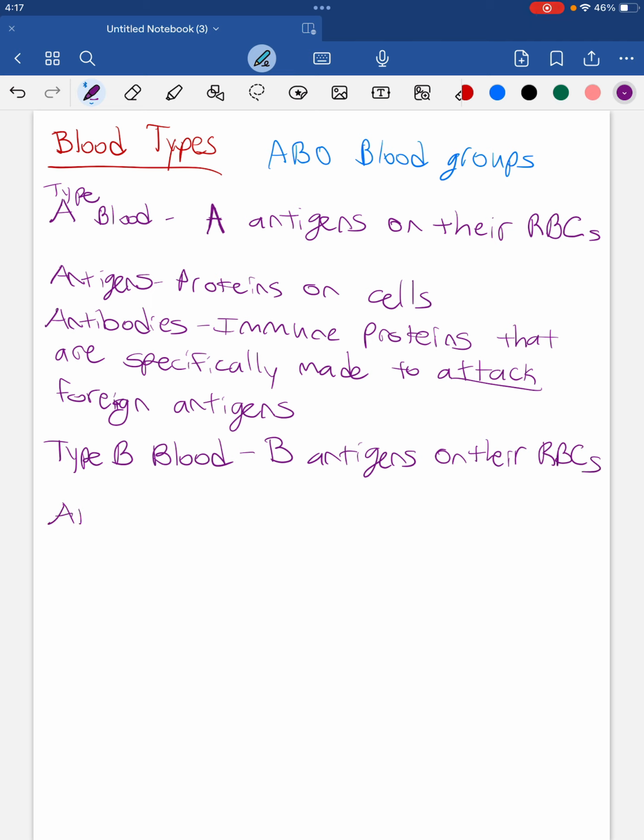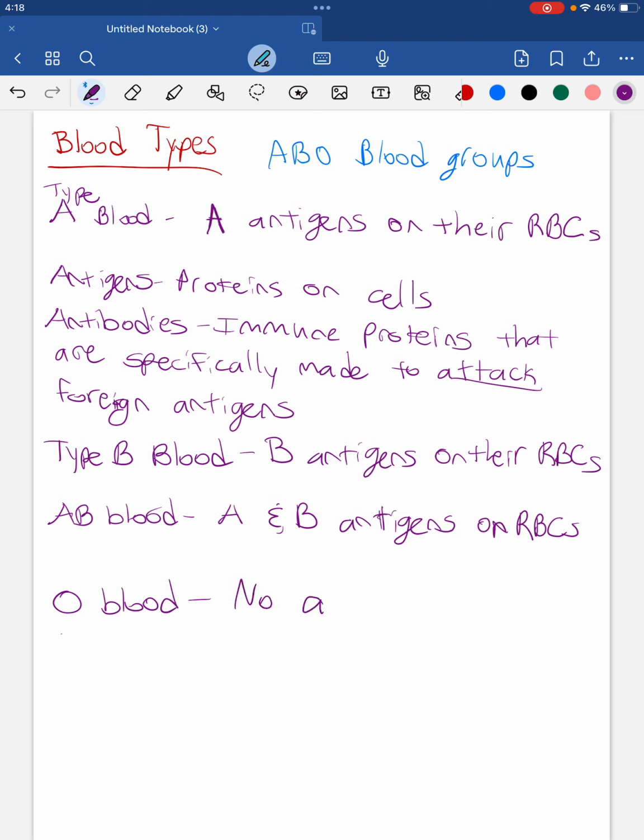Type AB blood has A and B antigens, so two different types on your red blood cells. Type O blood, you can think of this like 0, no antigens on your red blood cells.